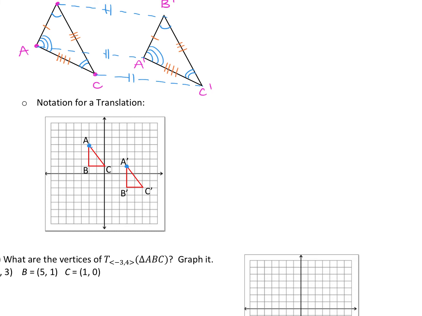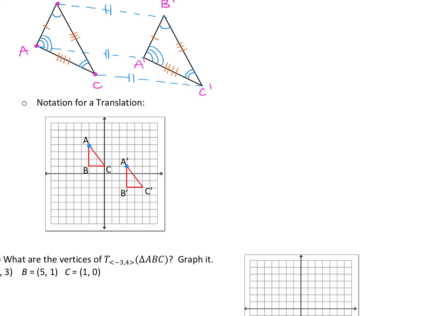So pick one set of points. You don't have to do all 3 if you know it's a translation, okay? I'm going to go A to A prime. You always start at which one? Not the prime, right? Just the general letter without the little hash mark. That's your pre-image. So start there and move to the other one.